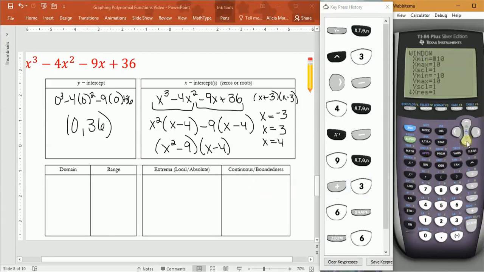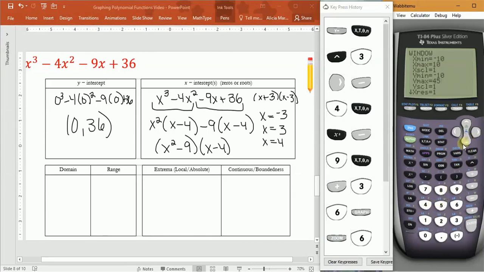Well, I don't really need to change the x values, but I do need to change the upper y value, right? Because we need to get all the way up there. And I know that there's going to be a y-intercept of (0, 36). So I know it's got to be pretty high. So let's try a maximum of like 45. Something bigger.